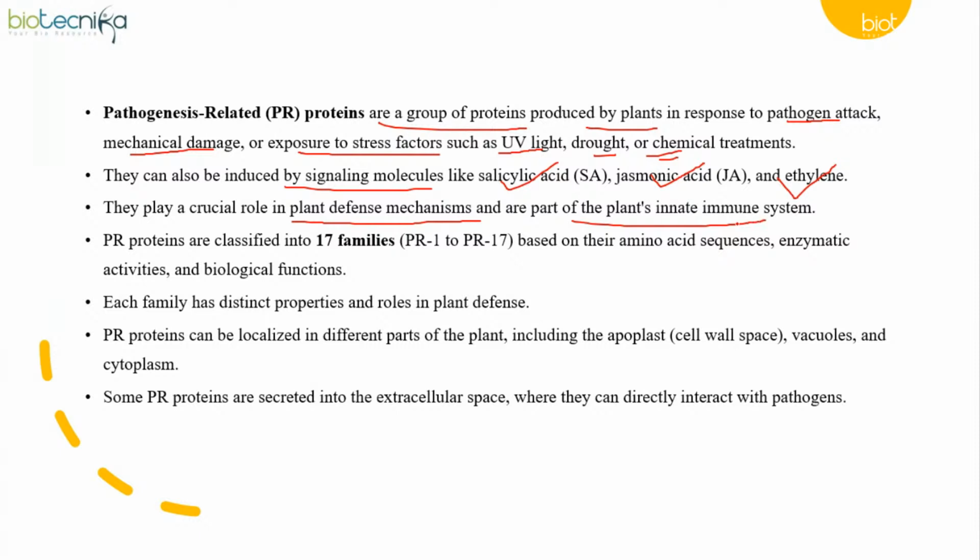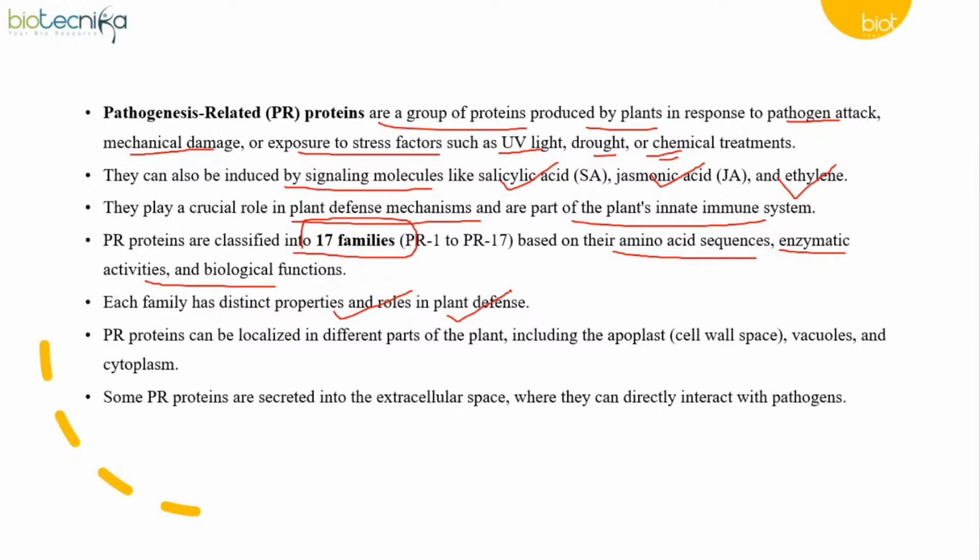As I told you, these proteins are classified into 17 families based upon their amino acid sequence, their enzymatic activities, and their biological function. And if you see, each PR protein has a unique feature and carries out a unique role in the defense mechanism.